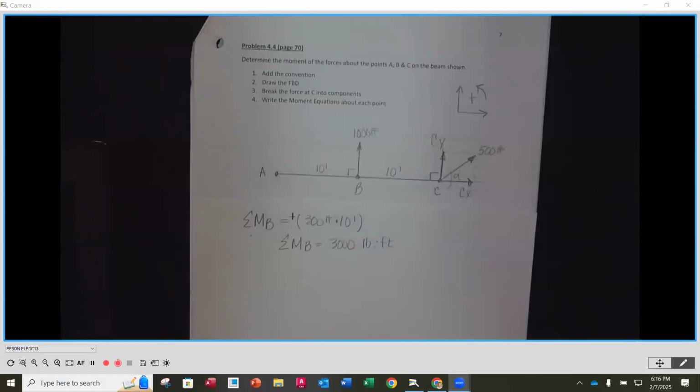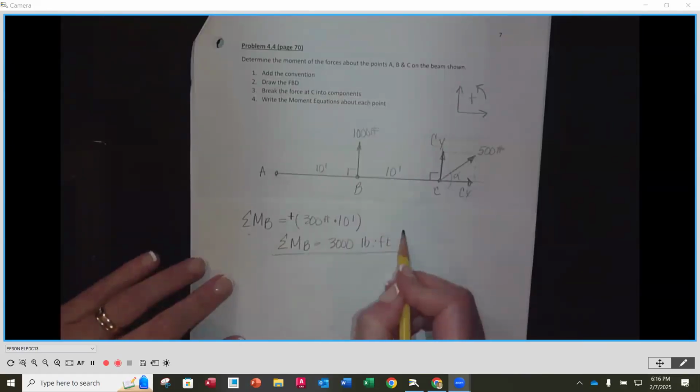Foot-pounds, what did we say foot-pounds was for? Torque, right. We are not determining torque here. We are determining moment. So we always want to put the force units first and then the distance, just like we write them. Okay, good. So box around that.